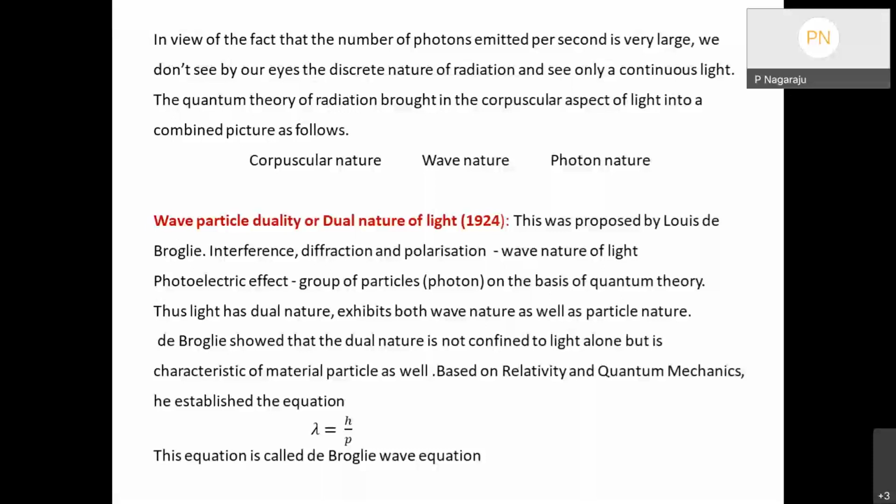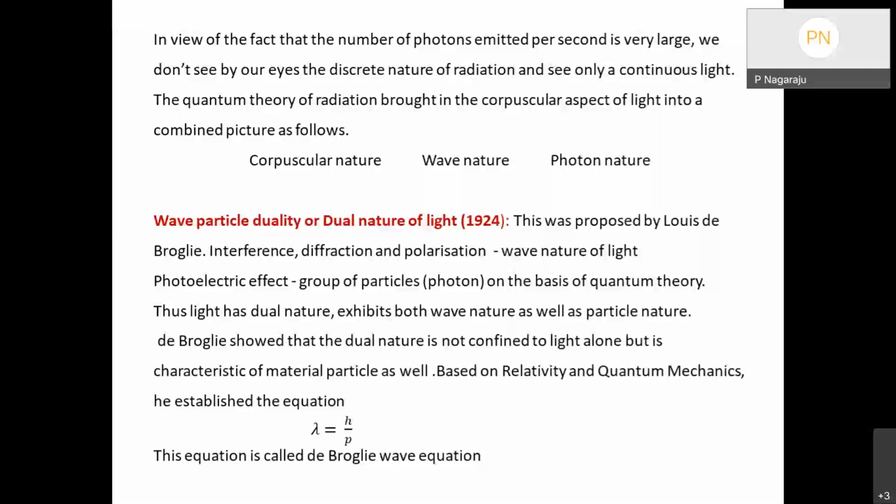The number of photons emitted per second is of the order of 10 raised to 20. And because of such a large number, naturally we will not be able to see them with our eyes. The discrete nature of radiation cannot be seen, and that is why we see only a continuous light.